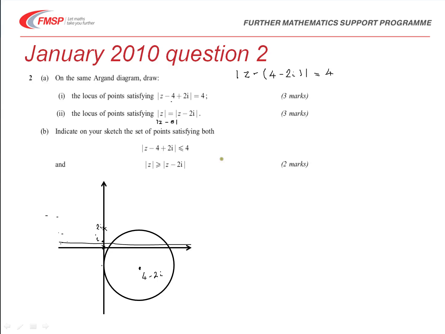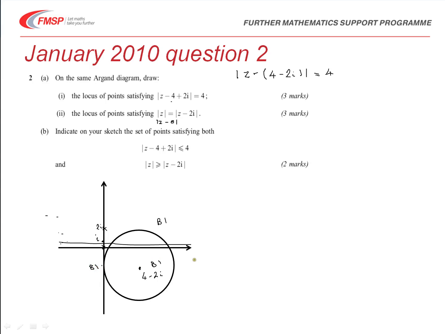Okay, you have 3 marks then for the circle. You're going to get a mark for drawing the circle, a mark for having the centre of the circle in the right place, and a mark for the fact that your circle touches the real axis.